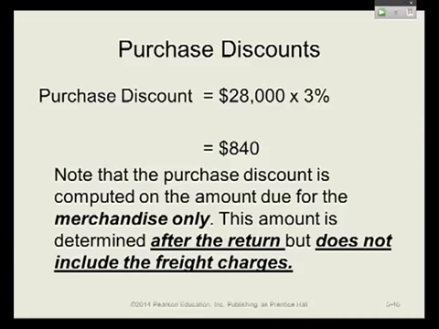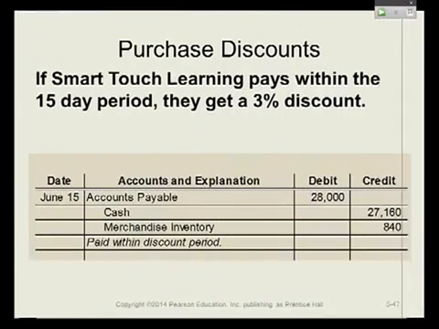So the entry in this case would be to debit the accounts payable for the full amount. I want you to pay careful attention to this because even though you're paying them net of the discount, you're only going to give them $27,160, the amount of accounts payable is fully paid. The discount also reduces the cost.